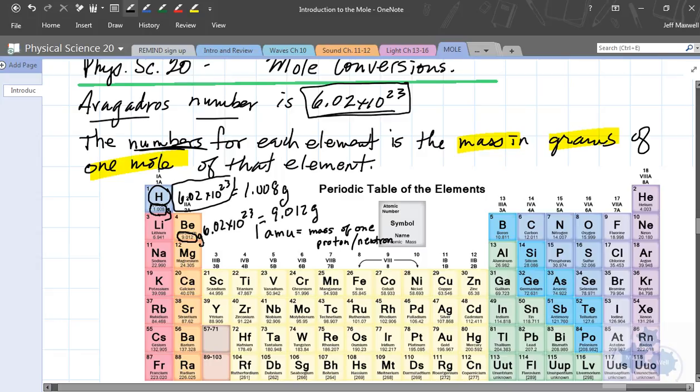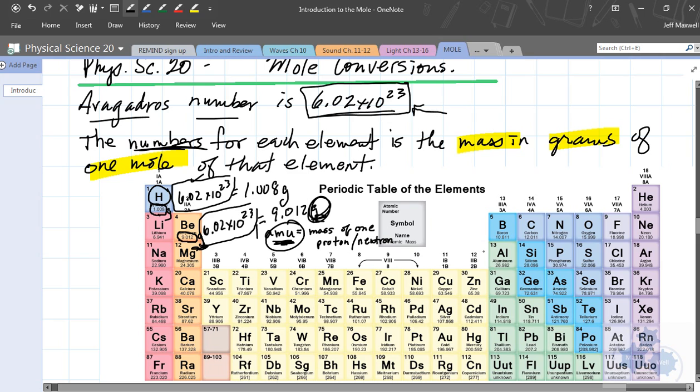This is the number that connects atomic mass units with grams, right here. It's called Avogadro's number, named after Avogadro, who did a lot of work in this area. He didn't come up with the number himself, as far as I understand, but it's just named after him. But that's the significance, okay? It's this many atoms that connects the atomic mass unit number with the number of grams.